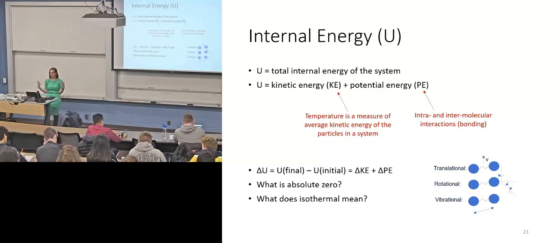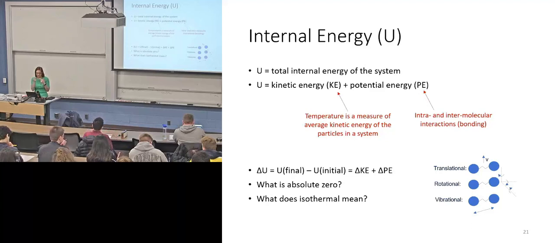So iso, same, thermal, temperature is not changing, okay? And again, this is from a macro perspective, when I look at it, the overall temperature of what's going on doesn't change. This reaction happened at room temp. Doesn't mean bond rearrangements didn't happen, doesn't mean bond enthalpy didn't change, but net temperature didn't have to change from a macro view, okay?